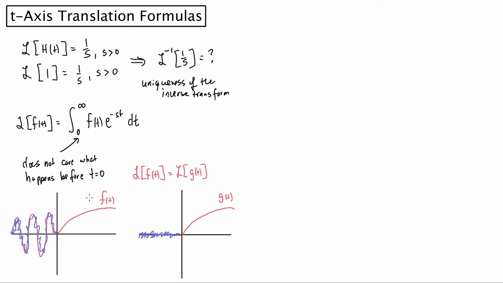And the way that we do that is by saying, okay, really our function didn't even begin until 0. So for the purpose of uniqueness, if I ask you what is the inverse transform of the Laplace transform F of s, what you're going to tell me is that that is u of t times f of t.